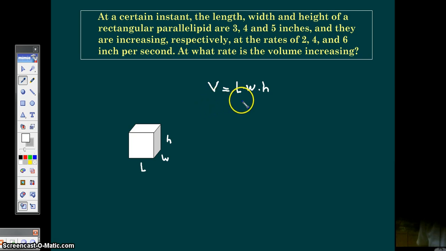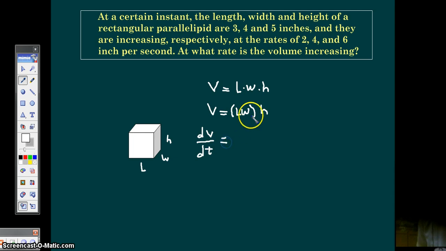The problem is there are three variables on the right side, so we should apply the product rule, grouping the first two terms first. Let's group L and W first before differentiating times H. Now we can differentiate implicitly with respect to time. What's the derivative of V? It's dV over dt, again with respect to time.